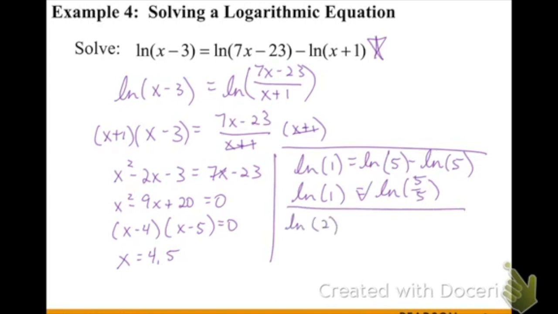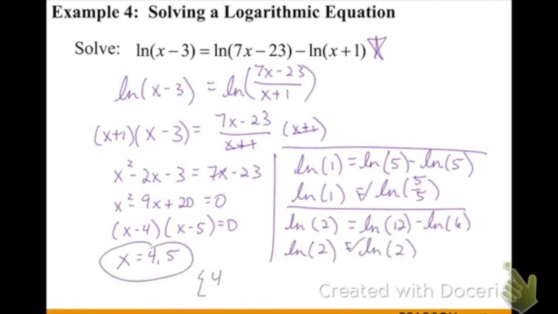Now let's plug in 5. We get the ln of 2 equals the ln of 12 minus the ln of 6. On the right side, I condense by dividing. Natural log of 2 does equal itself, so both of these are solutions, and sometimes that happens. And see how you can write that in solution set form.